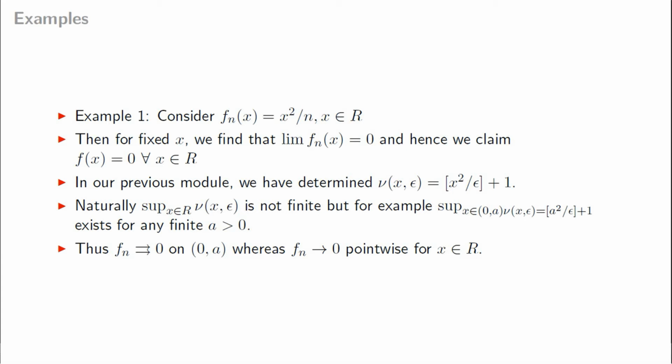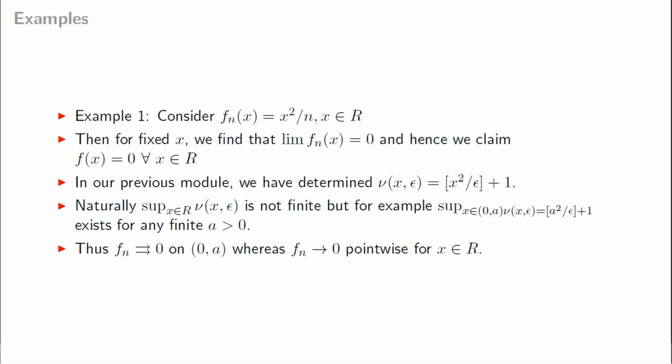So, as earlier, consider the sequence of functions defined by x square by n for x belonging to the real line. Then as earlier, for fixed x, we find the limit as 0 for every x belonging to R, and we have determined nu x epsilon as the box of x square by epsilon, plus 1.